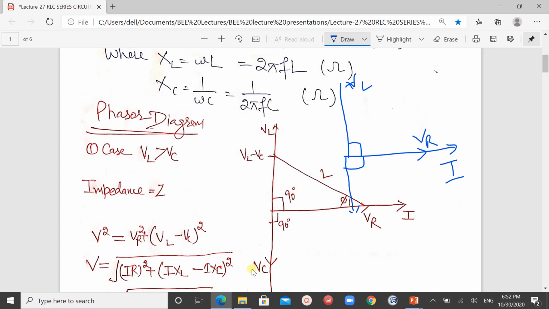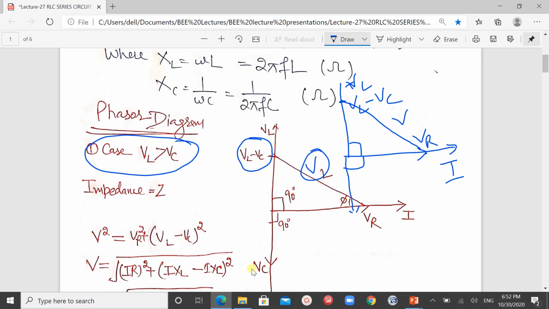So we are taking this condition, VL is greater than VC, so we put here VL minus VC, and we join these two points, VL minus VC and VR. So this is our total voltage.